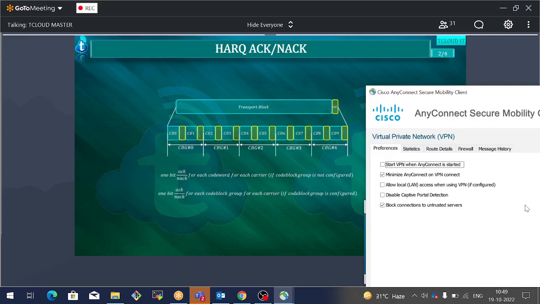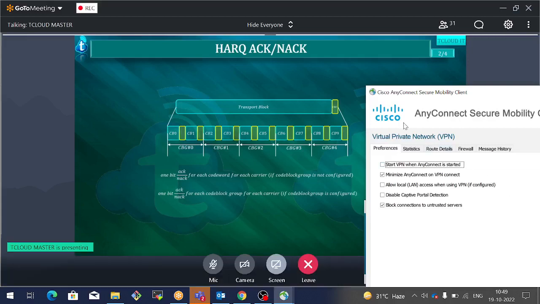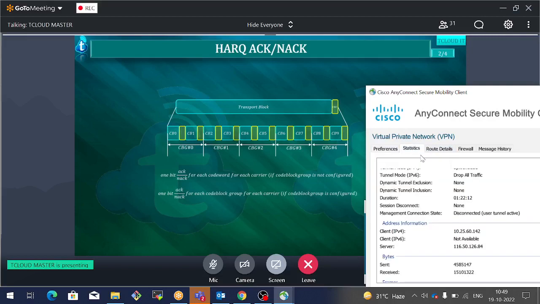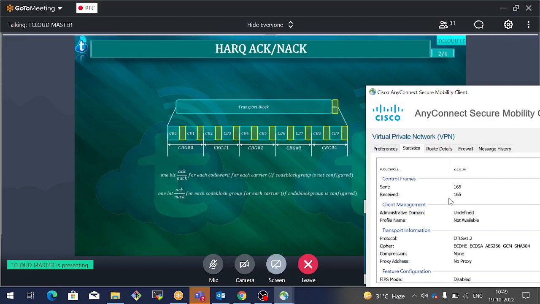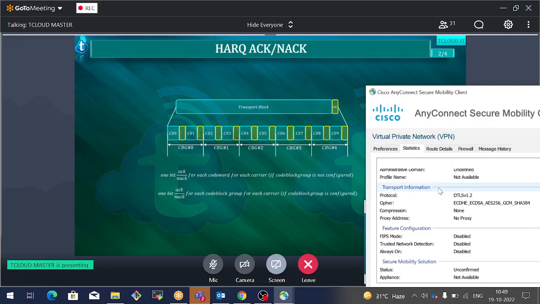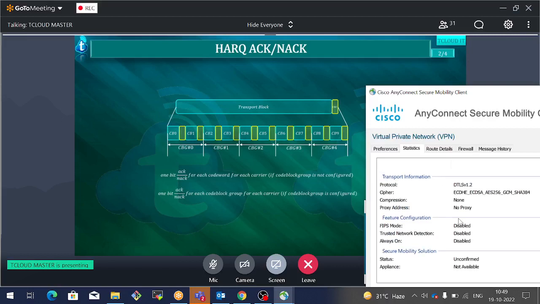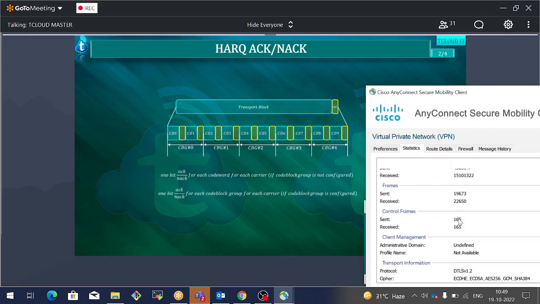Next, the network might also ask you to report this ACK/NACK for a code block group as well. What is this code block group? If you remember, for the transport block, we first add CRC, and later it is divided into blocks of data, especially when the transport block size is large.